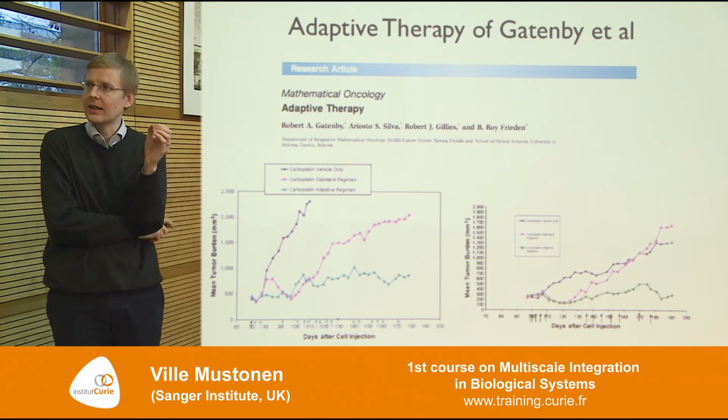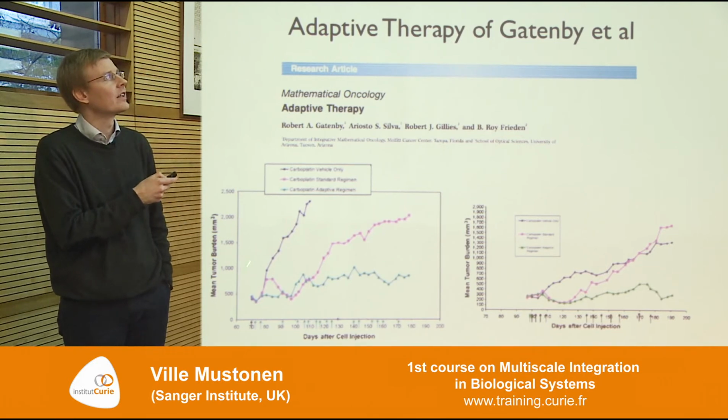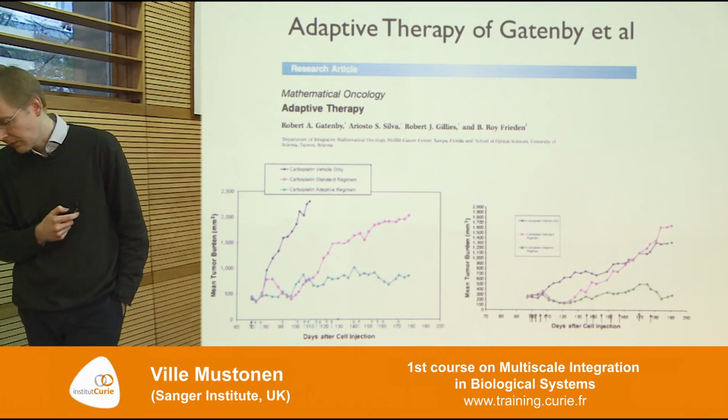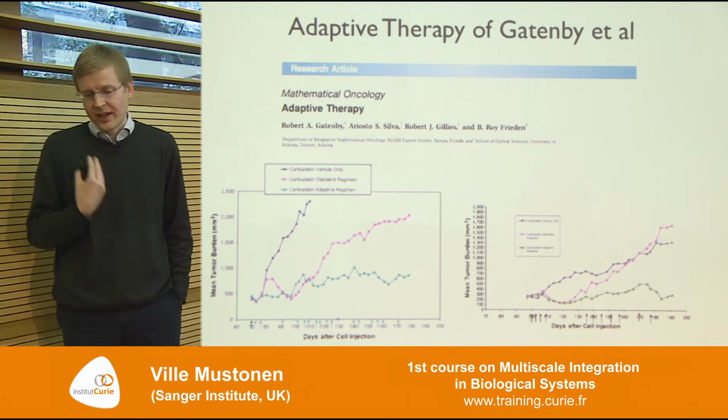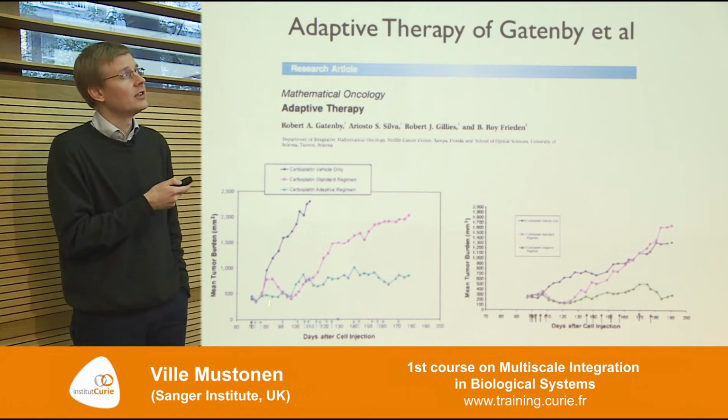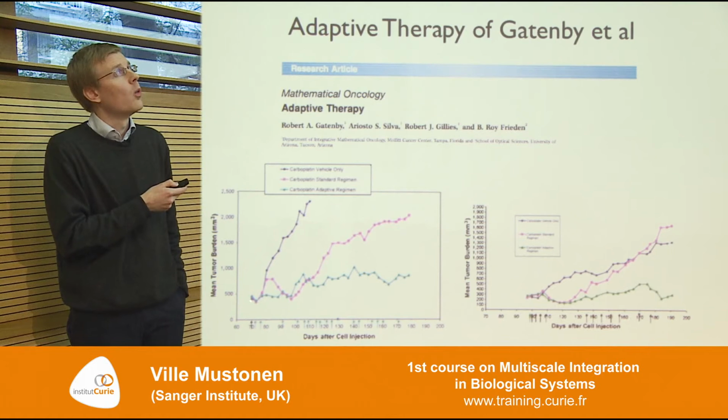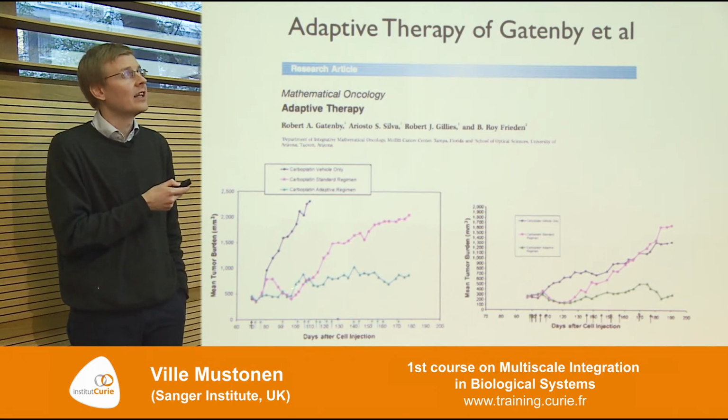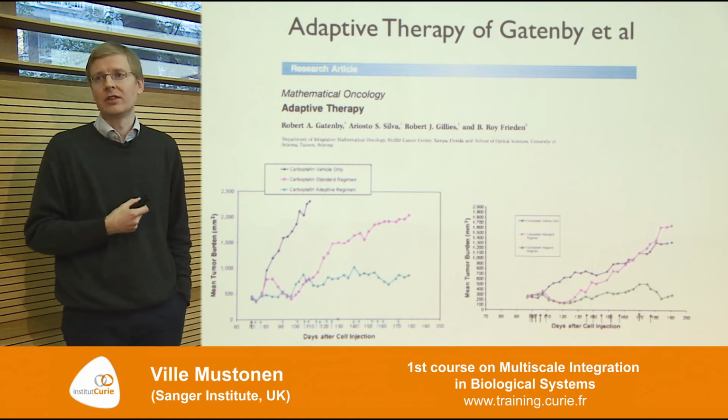And what he did with an ovarian cancer mouse model, he had 3 different protocols. One was doing nothing, then standard regime, standard chemotherapy, and then what he calls adaptive regime.